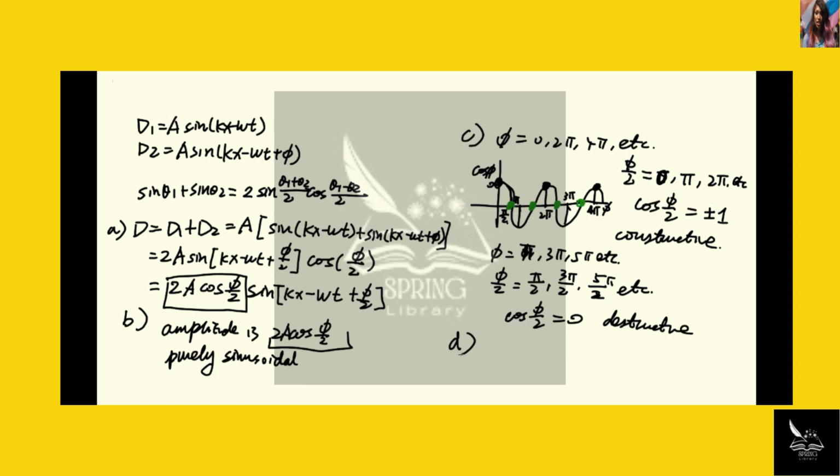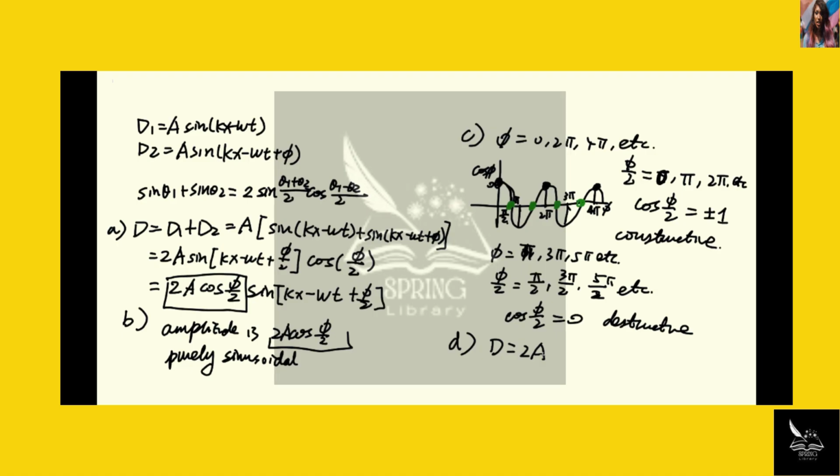The last one says, describe the resultant wave by equation and in words if phi equals pi over 2. So first let's do it by equation. D equals 2A cosine of phi over 2.